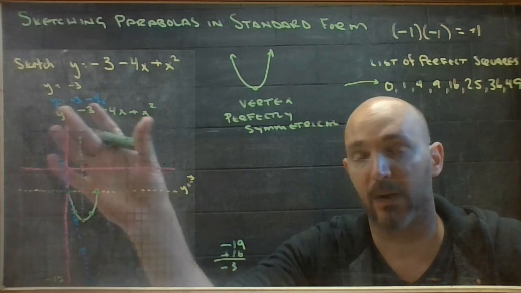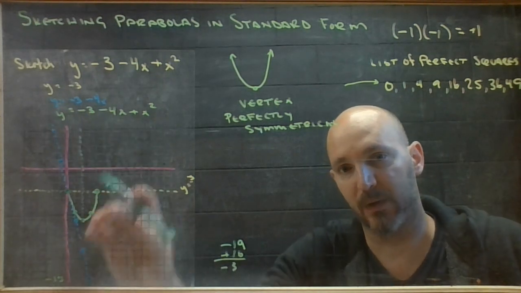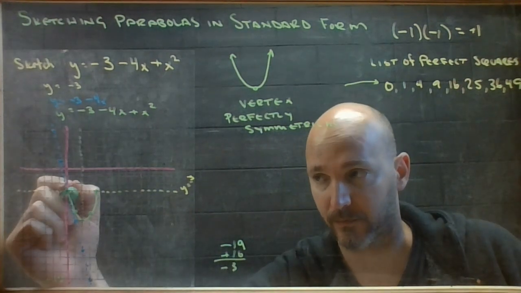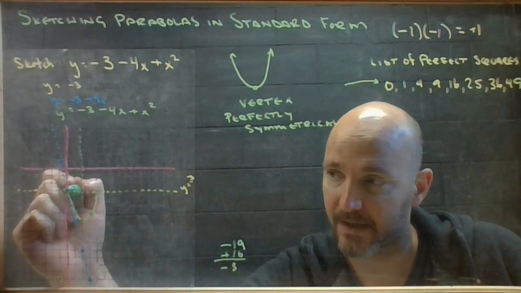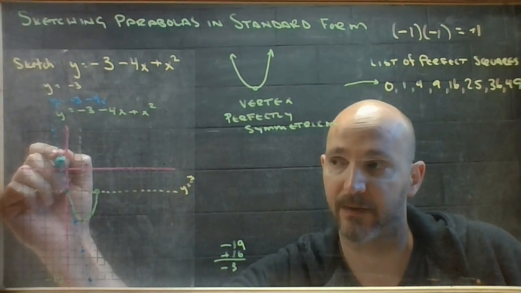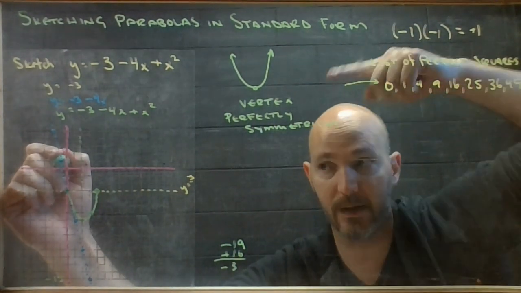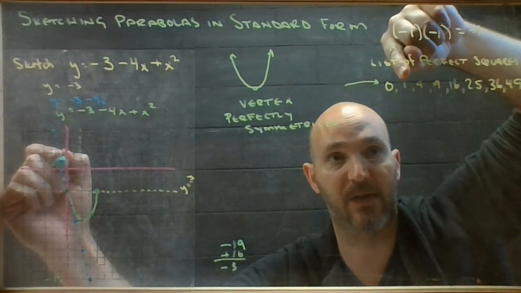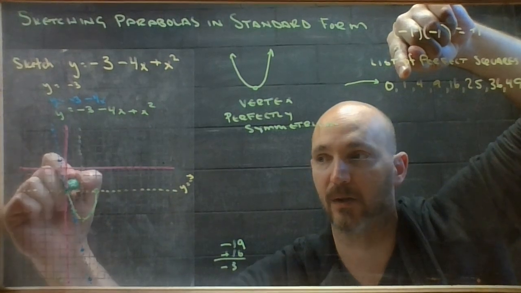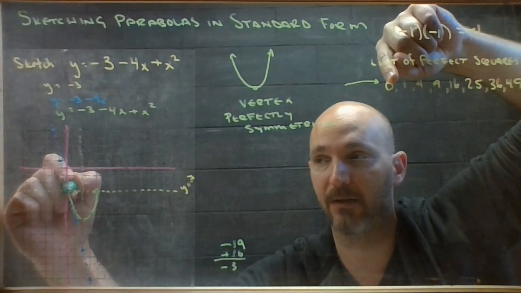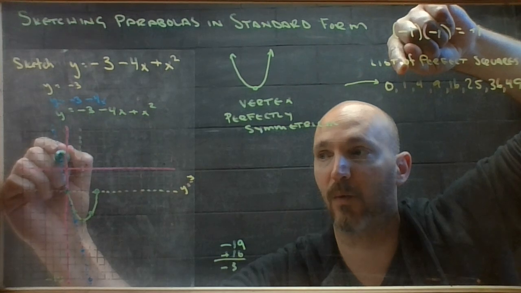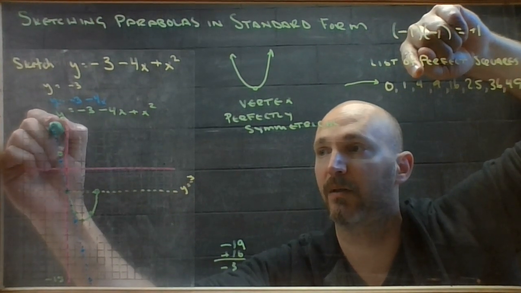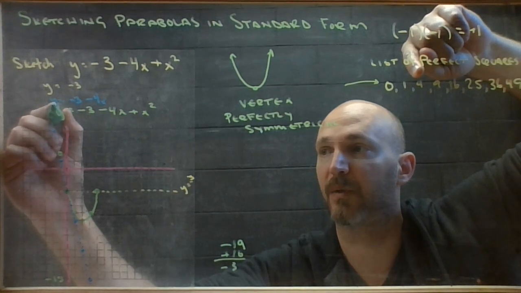Okay, but what happens from there? I've lost my blue line on this side, so I'm going to try and build it on that side. From my start point, go to the next x value. Well, that's here. I am one step away from the y-axis, so I need my first perfect square number sequence. So on it, I go up 0. Here, I go up 1. Here, I go up 4. 1, 2, 3, somewhere around there.